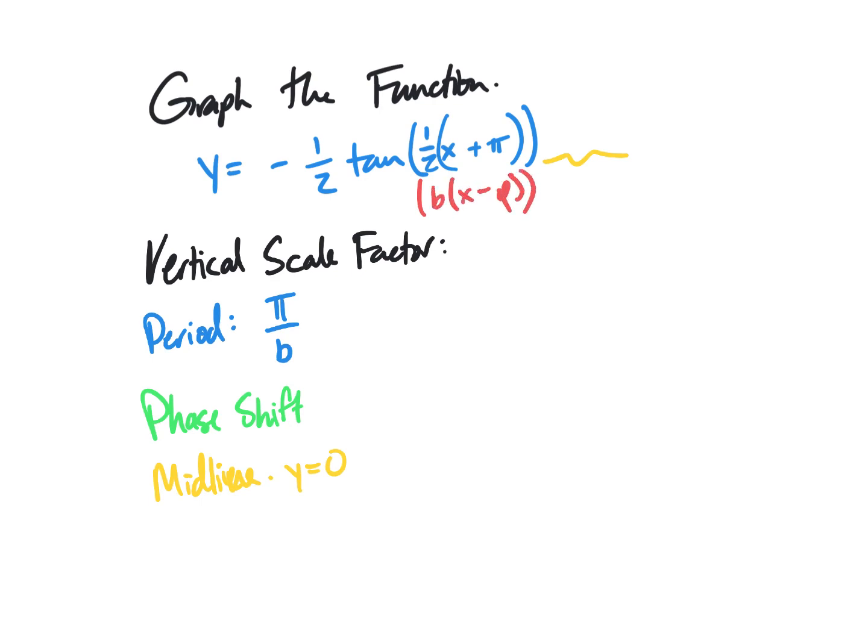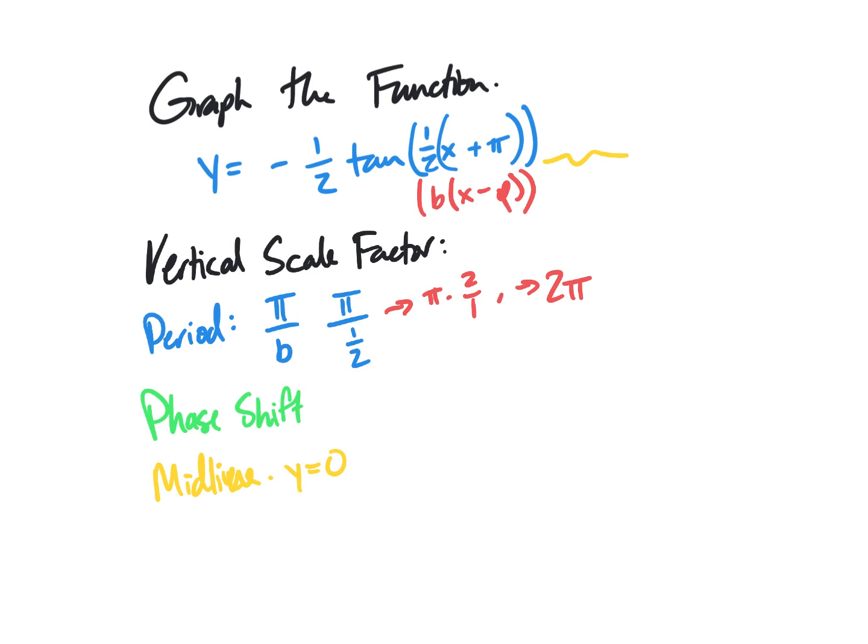And so I don't need to deal with that. I can just use the period pi over b formula, pi over 1/2. This is a common mistake that I saw where people just said, okay, this is pi over 2. It's not pi over 2. This is pi times 2 over 1, which is 2 pi. Okay, so the period is 2 pi here.